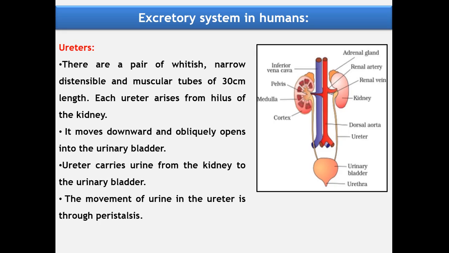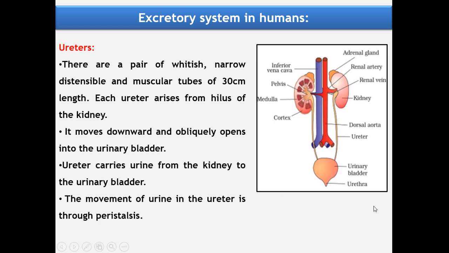Distensible means capable of expanding, that means they can stretch themselves, and they are made up of muscle. Each ureter arises from the hilus, the opening of the kidney. It moves down obliquely and opens into the urinary bladder.